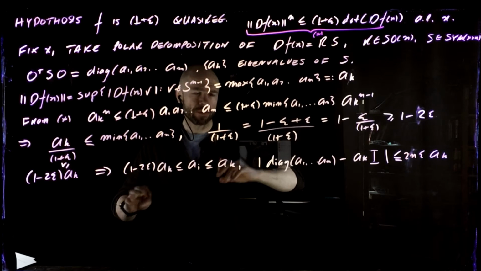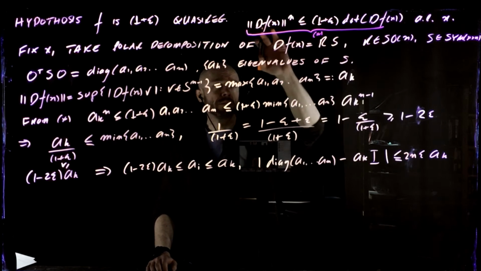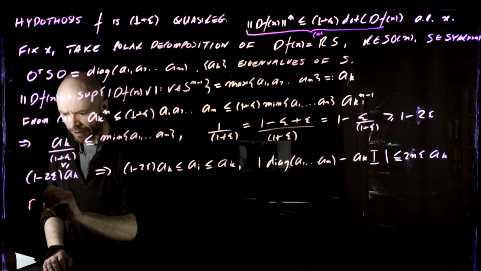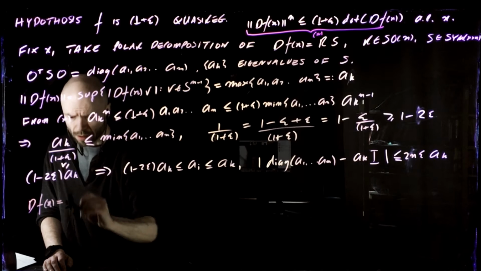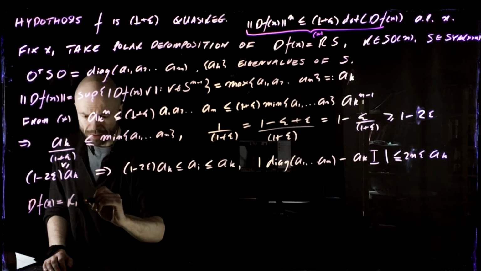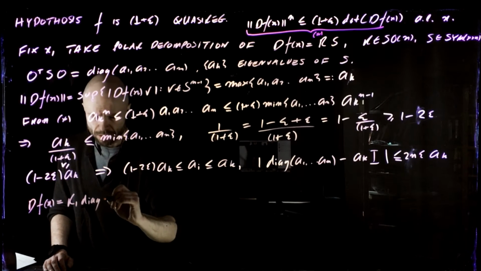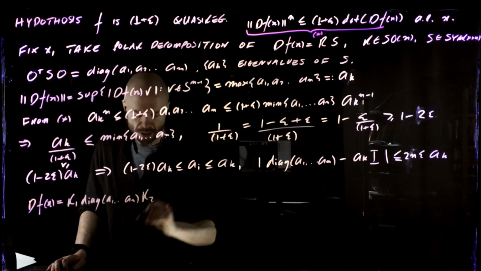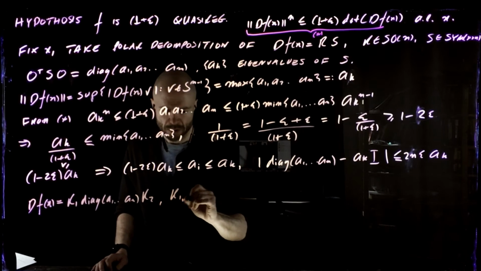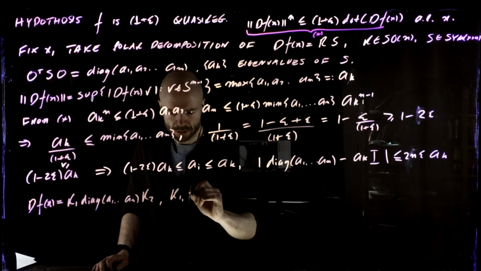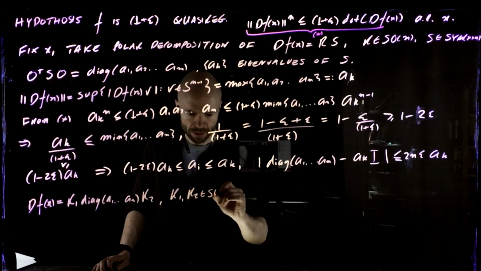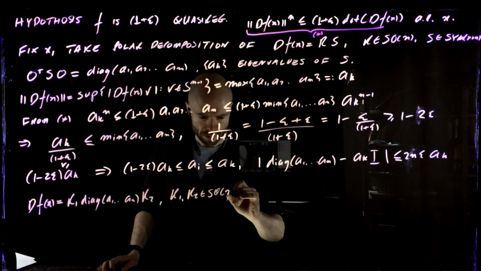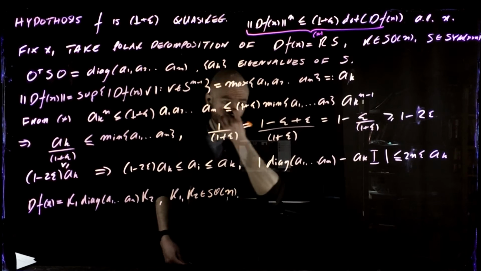So what does that mean for our situation? Well, the gradient df, let me actually just finally write it down instead of keep saying it. It's equal to some rotation, then this diagonal matrix, and then another rotation, R1, R2 are rotations, dimension n. Yeah.